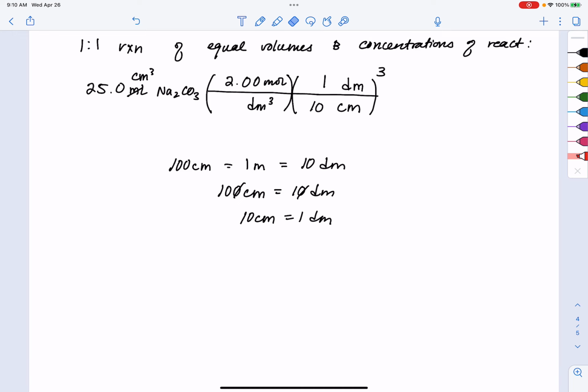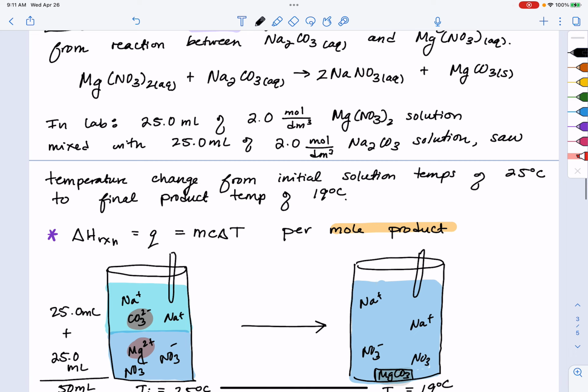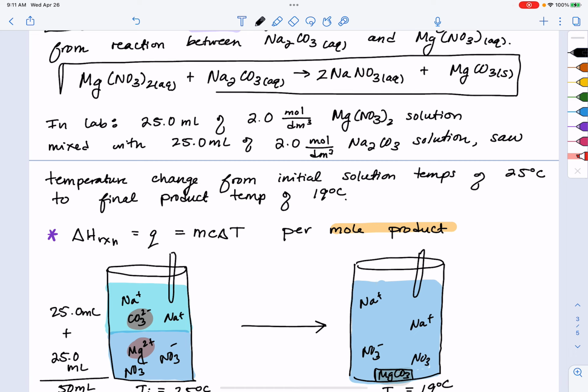And if I then cube this, I have to cube both my unit and my value. So 1 cubed is 1, 10 cubed is 1,000. I would need to take my 25, multiply it by 2, that gives me 50, divide by 1,000, that gives me 0.050 moles of the sodium carbonate. Then let's look at our mole ratio between sodium carbonate and the magnesium carbonate. It looks like that's 1:1.